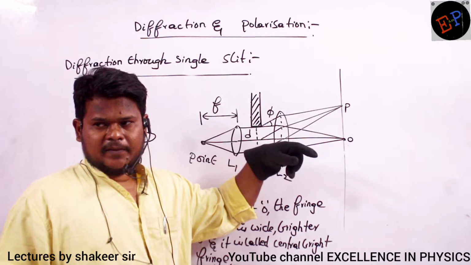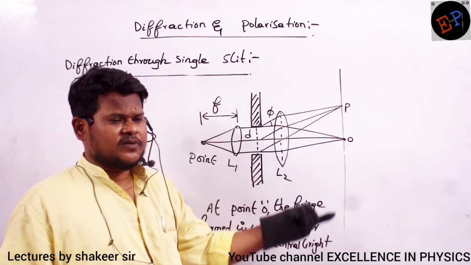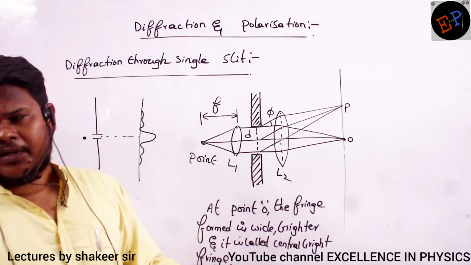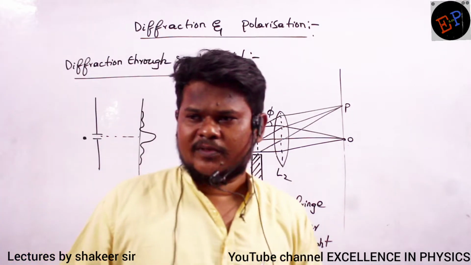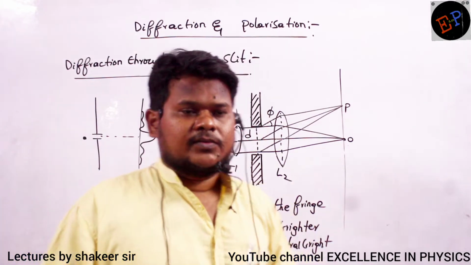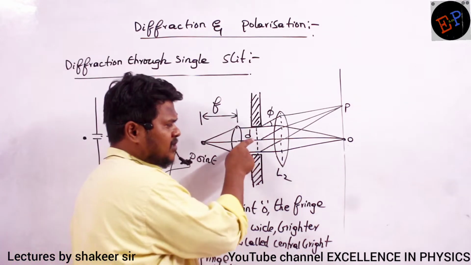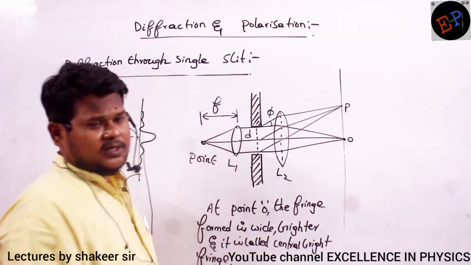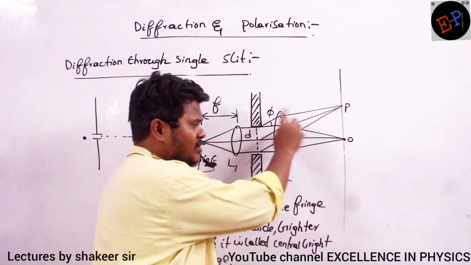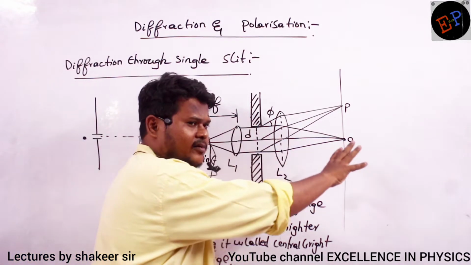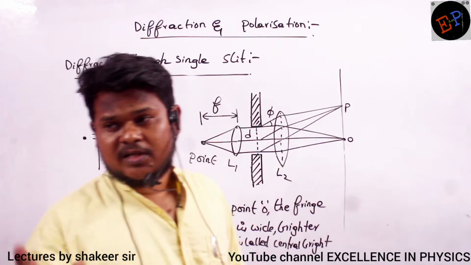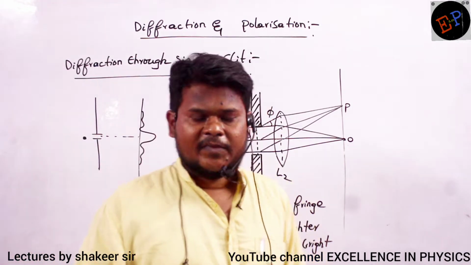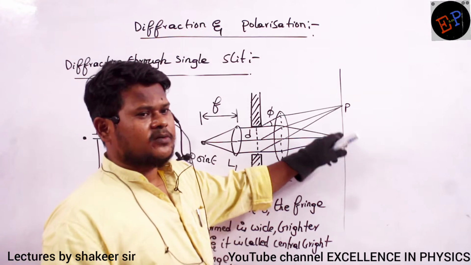Can anybody say? What is the condition of formation of bright fringe and dark fringe? When do bright fringes form, and when do dark fringes form? When all these light rays are interfering constructively, then here you will see a bright fringe. So at the central bright fringe, all the light rays are interfering constructively. Constructive interference is happening. So here you will see a bright fringe.